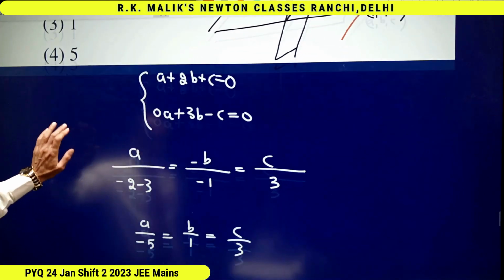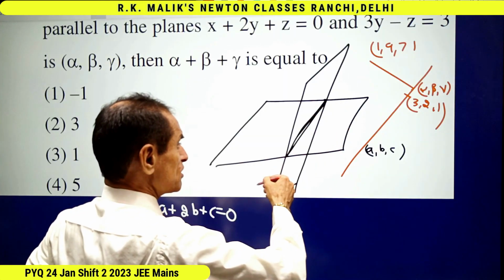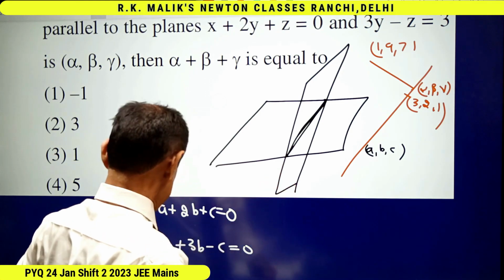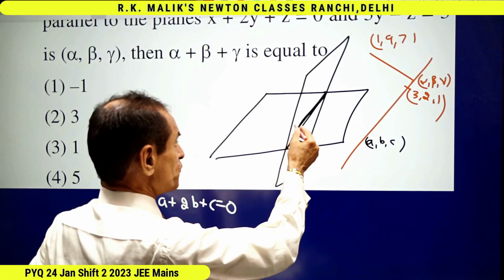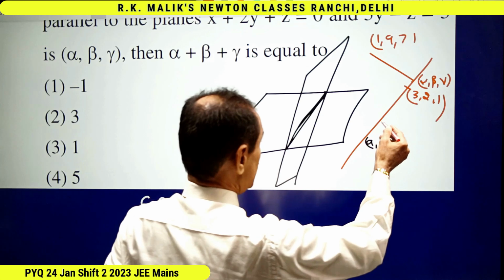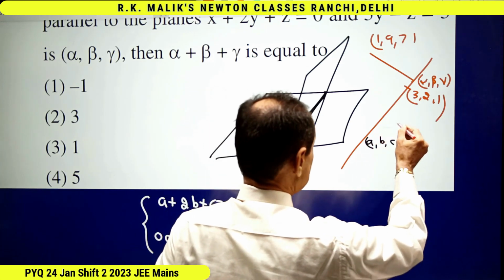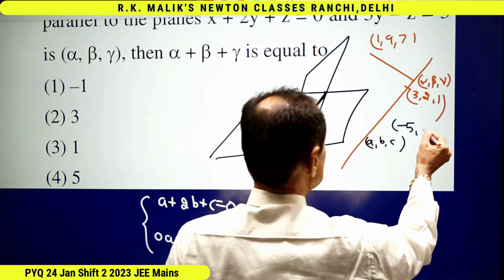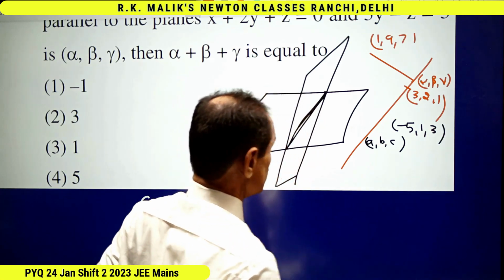Therefore, the direction ratios of this line are minus 5, 1, 3. Hence, the direction ratios of this line are also minus 5, 1 and 3.